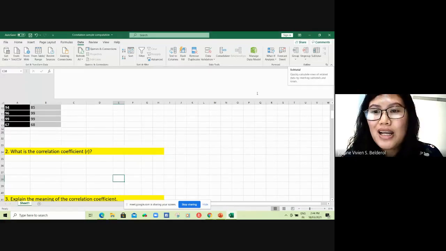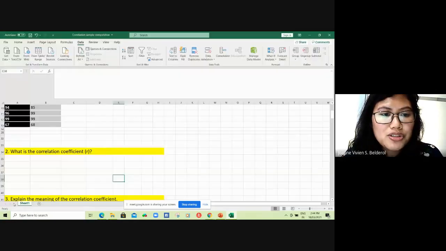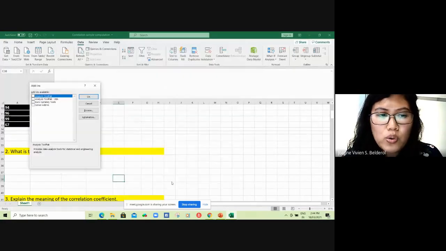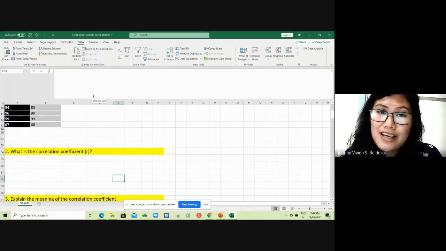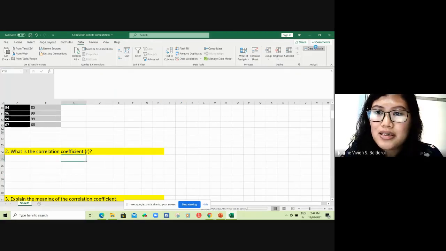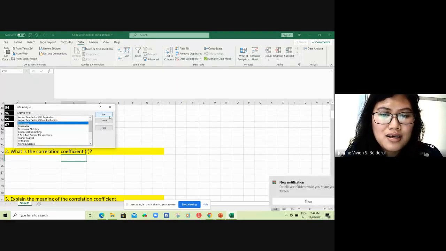So again, if you have no Data Analysis, you go to File, Options, Add-ins, here in Manage, you click Go, then checkmark Analysis ToolPak, then click OK. Okay, follow so far? Now, how do we compute for R? We go to Data Analysis, then look for Correlation, here. Click OK.